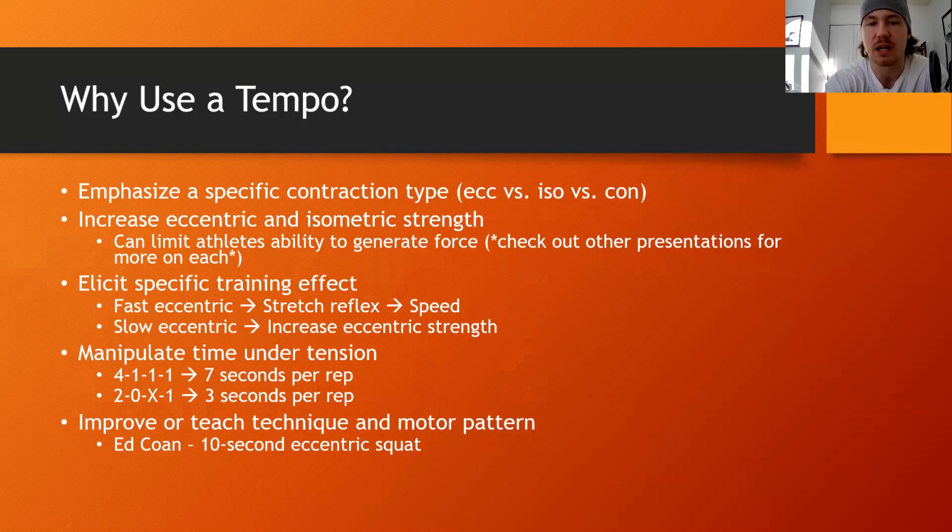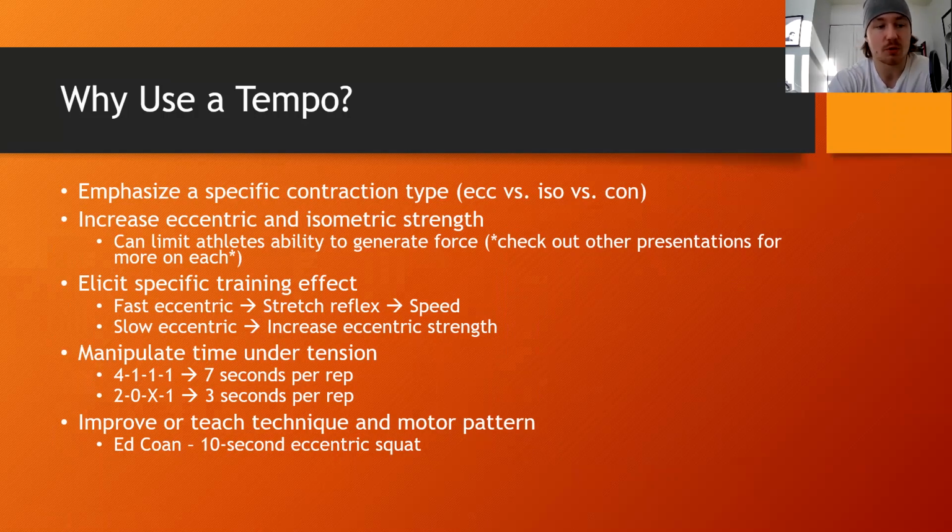It's just a great way of giving a more detailed outline of what is expected. Tempos are also great for increasing eccentric and isometric strength, and I'll talk about each of those individually later on in another video. Both of those types of strength can limit the athlete's ability to generate force. So again, we'll talk about it later.